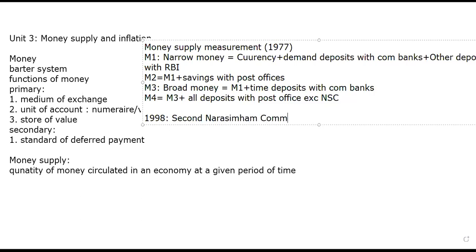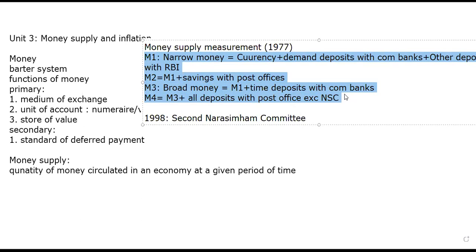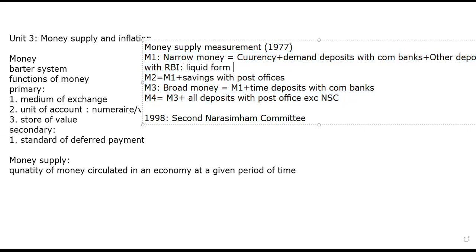Anyway, that second Narasimham committee's recommendation was not put into practice. We have 4 other money supply measures, but that is not so important. Usually questions on money supply measurements are calculated on the basis of the 1977 formulae. M1 narrow money, M3 broad money. Now M1 is actually the most liquid form of money, and M4 becomes the least liquid form of money.